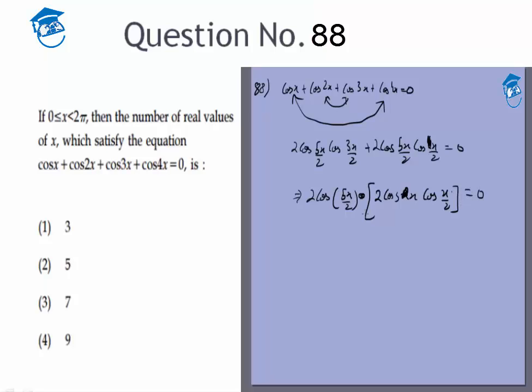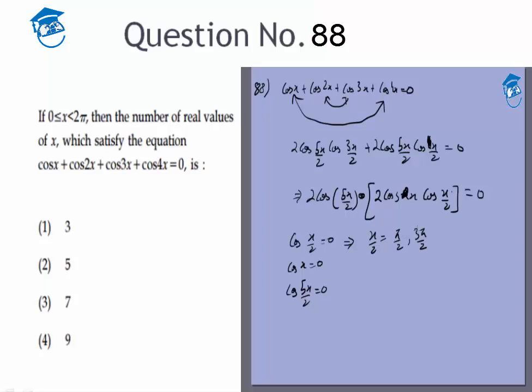So we get the equations: cos of x/2 is 0, cos x is 0, cos 5x/2 is 0. This gives me x/2 is equal to pi/2 or 3 pi/2, and what we need is all values of x between 0 and 2 pi.